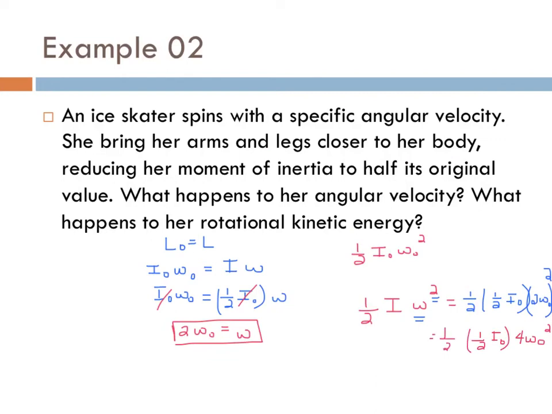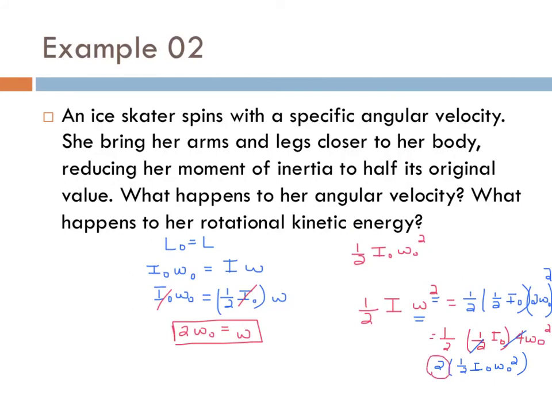So if we reduce that 4 and that 2, then we have 2 times the original rotational kinetic energy. So that means we have increased our energy.